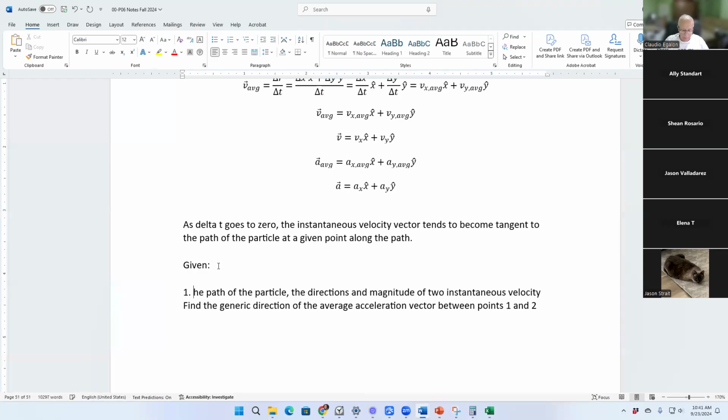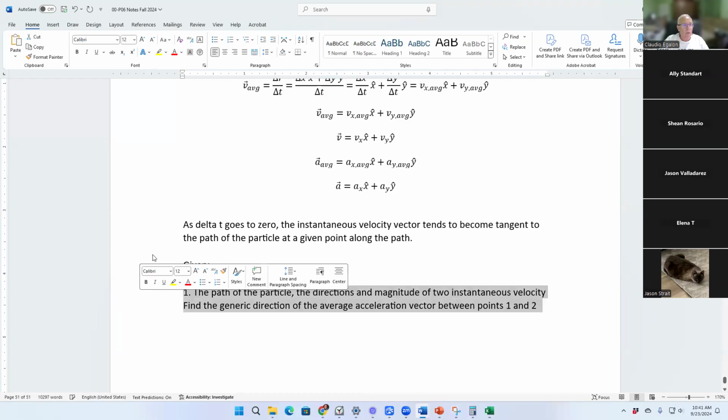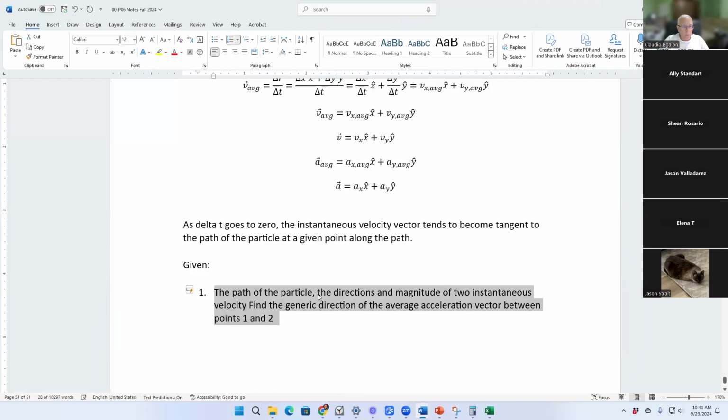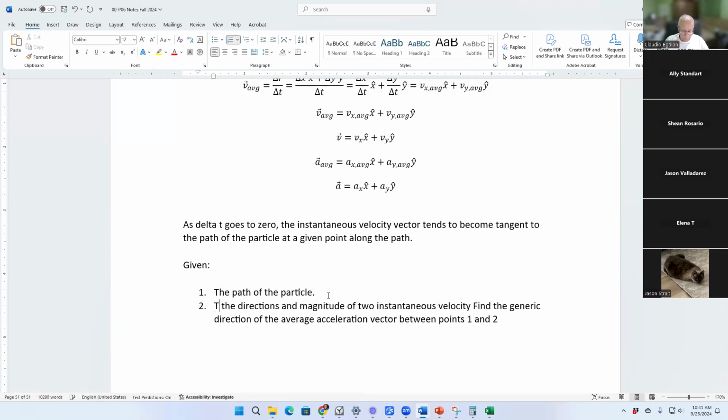Given: 1, the path of the particle; 2, the directions and magnitudes of two instantaneous velocity vectors.